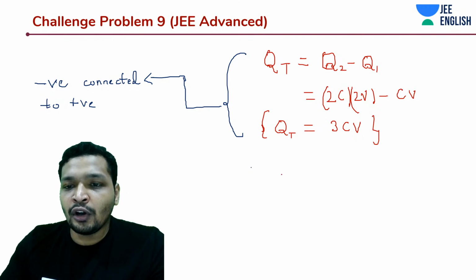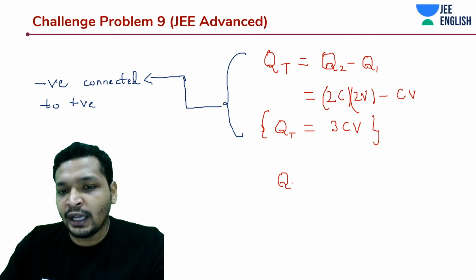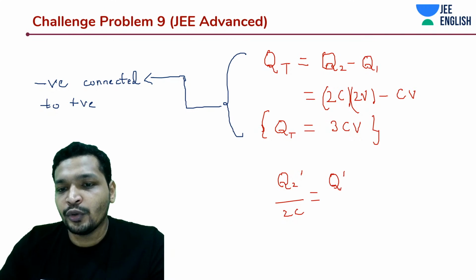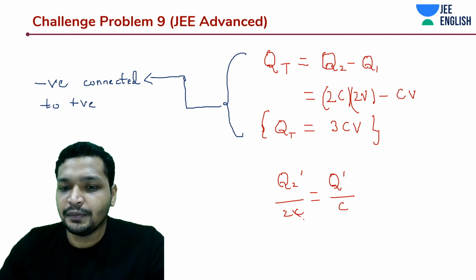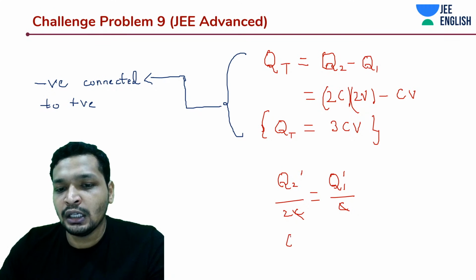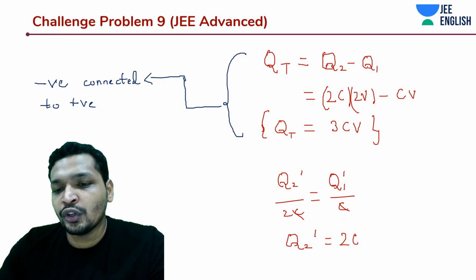So I'm going to call this Q2 dash, the new one, so Q2 dash by 2C is equal to Q1 dash by C. There is a shortcut, we'll discuss that. So this says that Q2 dash is equal to 2Q1 dash.